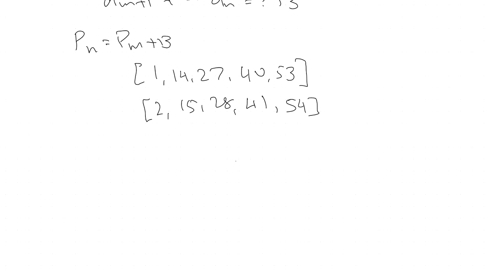Thank you. So the next list will be 3, 16, 29, 42, 55, and so on. At one point the lists will have 4 numbers in them.